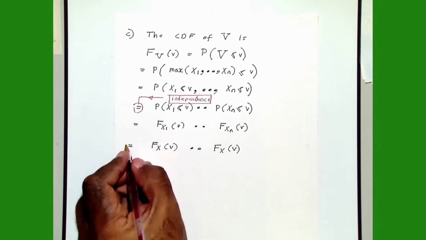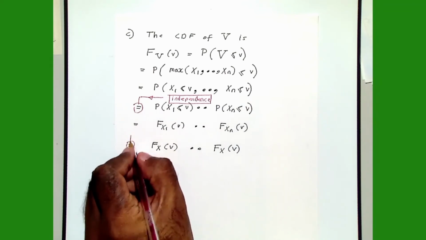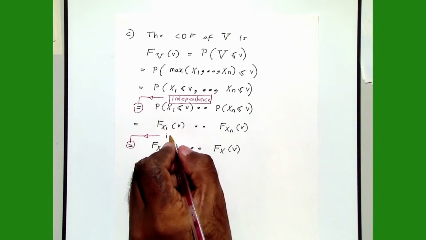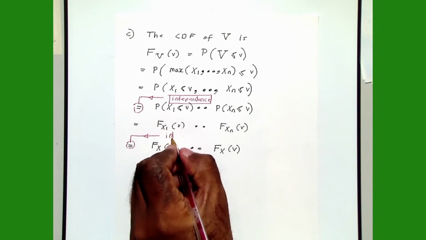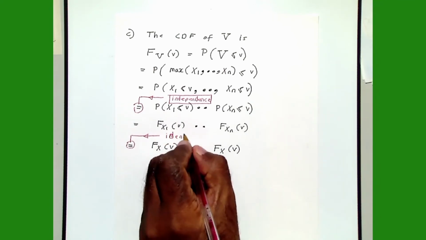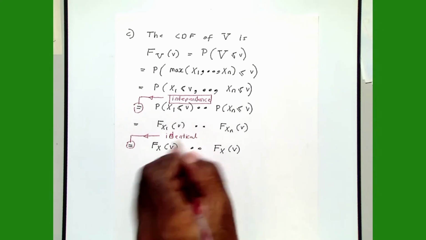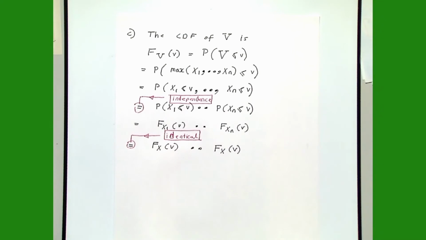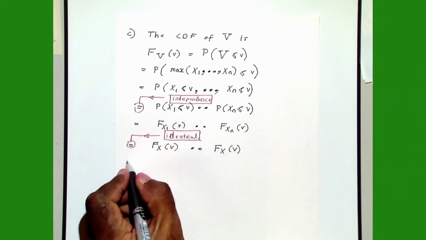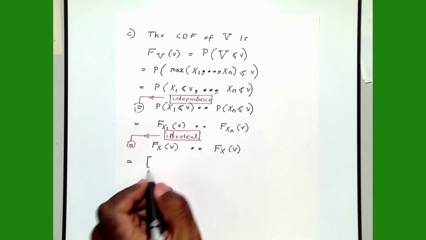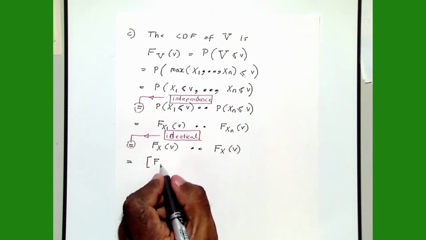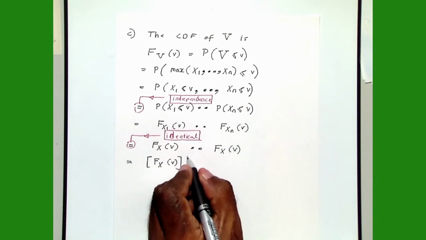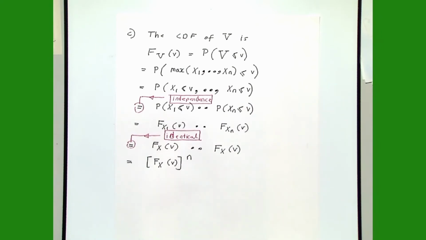So that's using the assumption that the variables are identically distributed. So finally, you will get the result that the CDF of maximum portfolio loss is given by this.